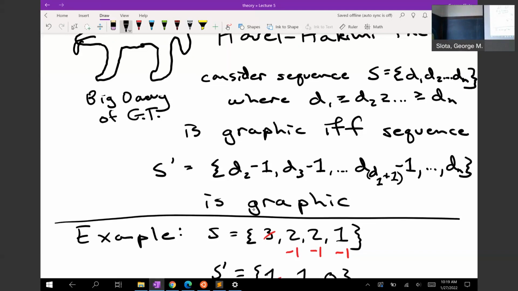D sub 1 plus 1. So the D sub 1 plus 1 index in our original sequence.